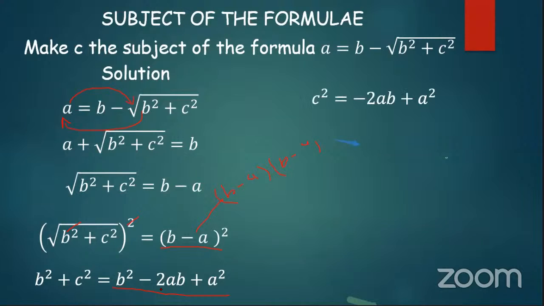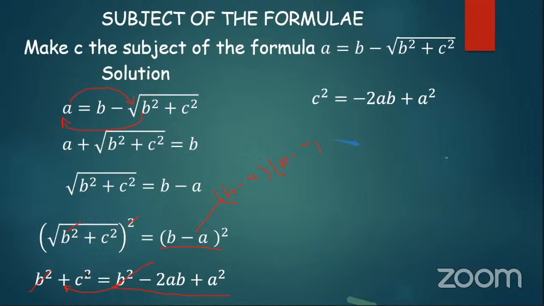So our aim was to make c the subject of the formula. So here, when we cross this b to one of the sides, it becomes negative, so it will cancel out with this.